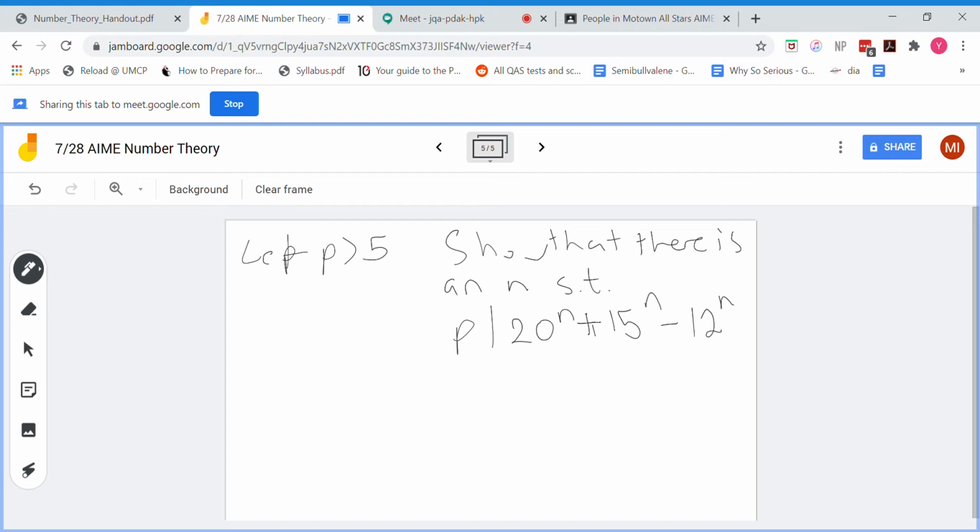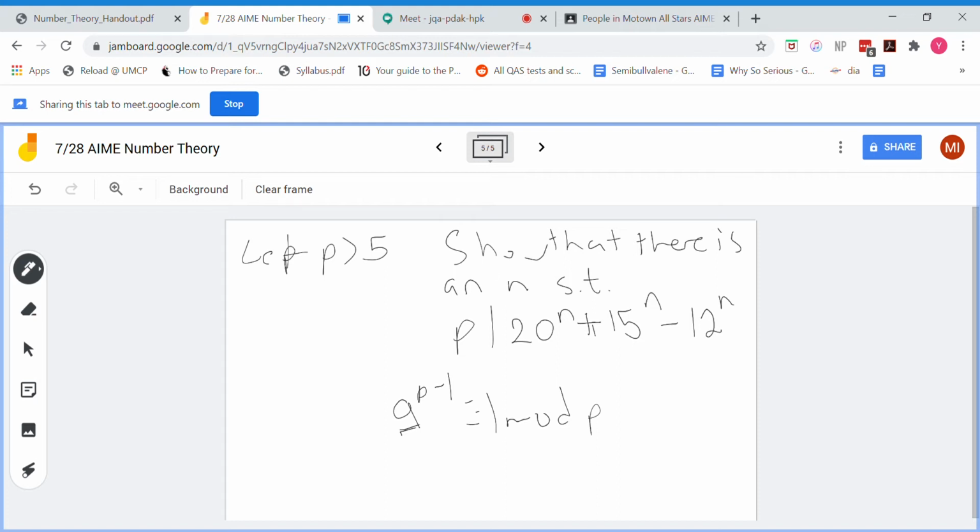Alright, in this example, we're going to use Fermat's little theorem, which states that a to the power of p minus 1 equals 1 mod p, where a is not divisible by p. I'll prove this in a couple minutes. The proof of this lies in inverses.